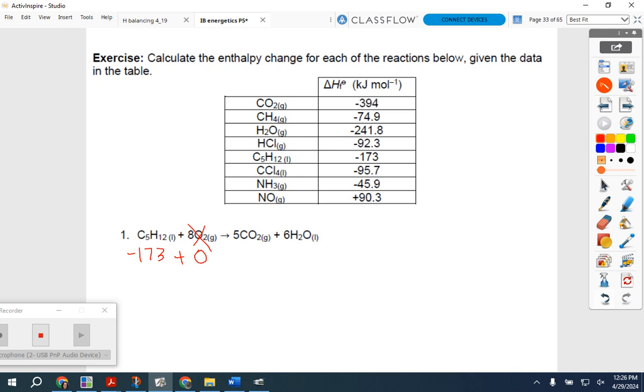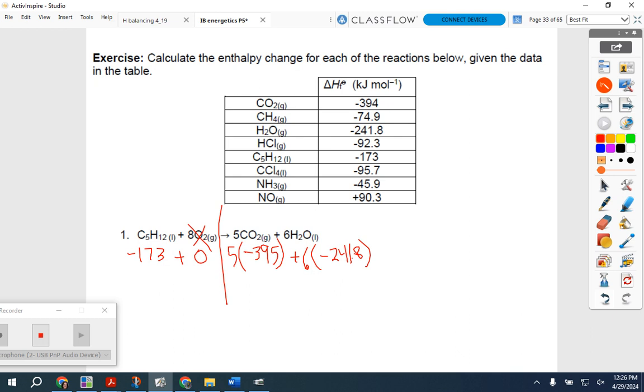Okay, over here, CO2, negative 394, but I need 5 of them, so I'm going to multiply that by 5. And the H2O, same thing, negative 241.8 times 6. Okay, so I've got my reactants at negative 173. For our products, I have to distribute these and then add them together, because it's the sum of the enthalpies of formation for each of those.